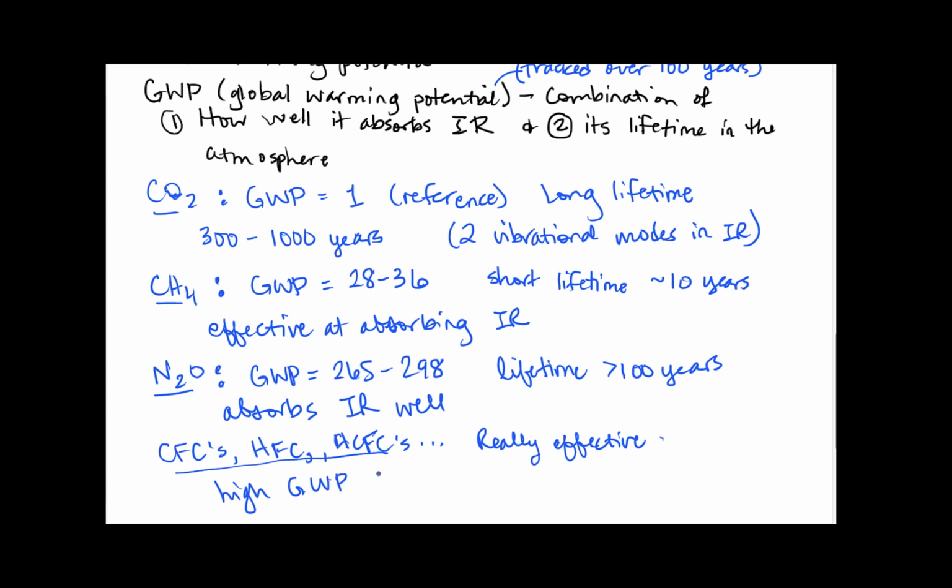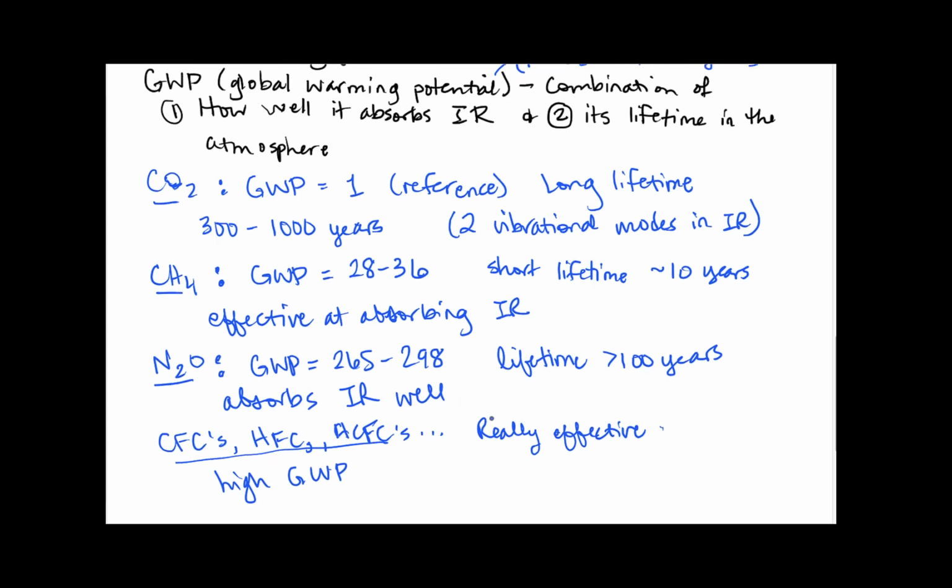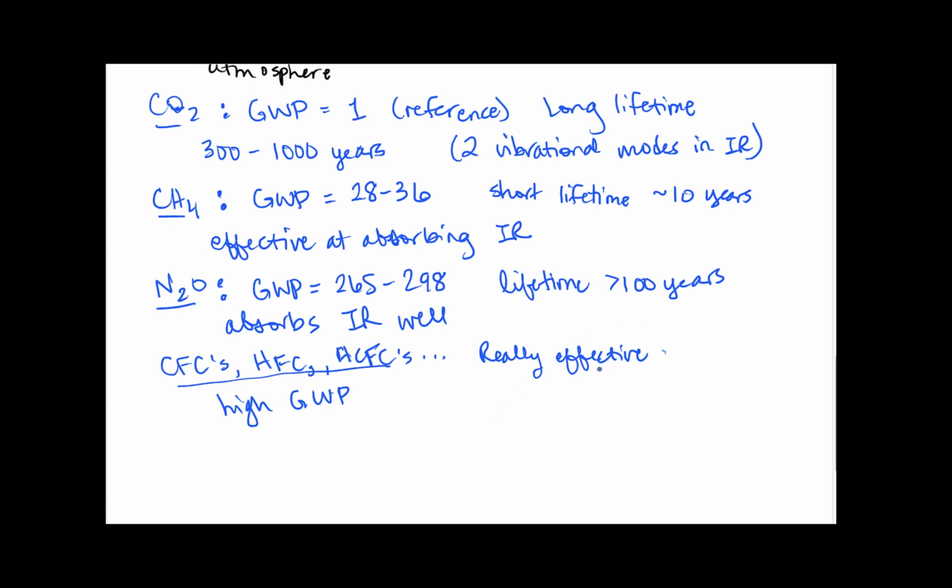I posted a comprehensive list. I don't know if it's complete, but it's a pretty long one onto the Moodle, so you can take a look at these specific CFCs and several other compounds as well. So you can figure out what these guys are. But they're in the thousands to tens of thousands global warming potential. So they're pretty significant global warming guys.